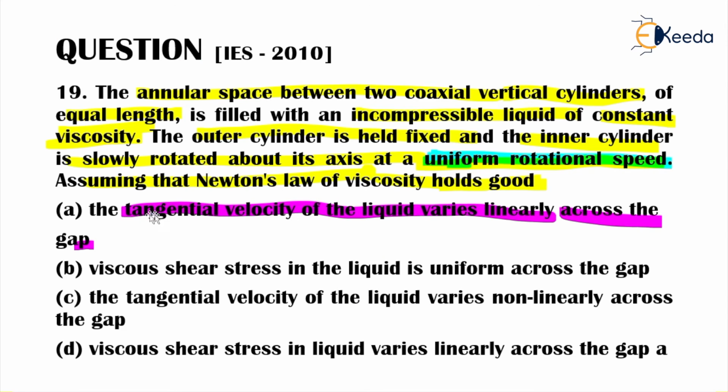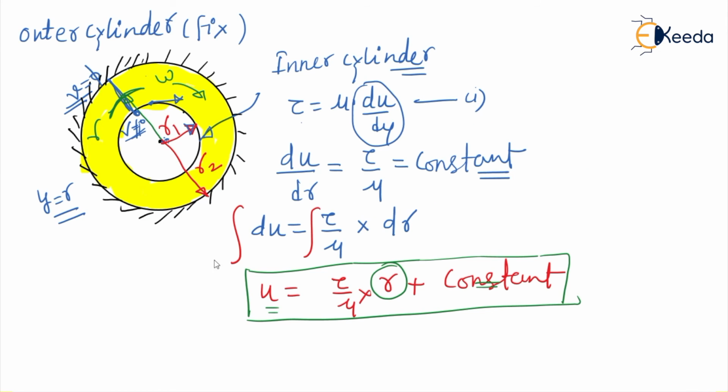You can see the tangential velocity of the liquid varies linearly across the gap. So this option seems to be correct. Check it: this is the tangential velocity of the liquid, which varies with r to the highest power 1. So this is linear variation.